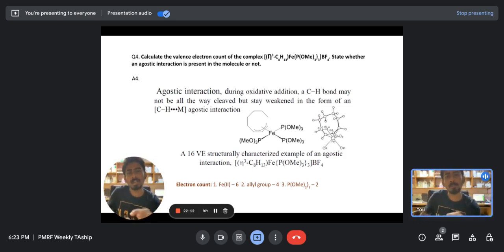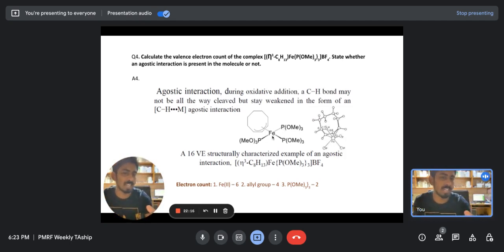But this is an example where you can see a late transition metal, a 3d6 4s2 configuration metal, the 3d metal iron, where the CH bond has an interaction with the metal center. So this is an agostic interaction which leaves this CH bond weakened. The CH bond is not permanently broken, but it has a significant amount of interaction with the metal center because of the proximity effect.